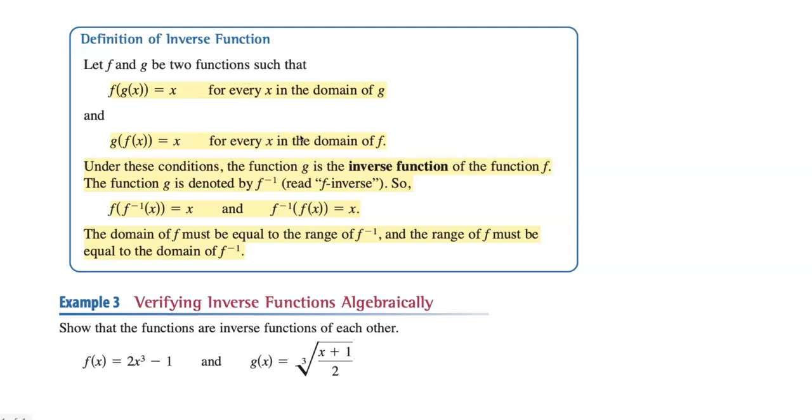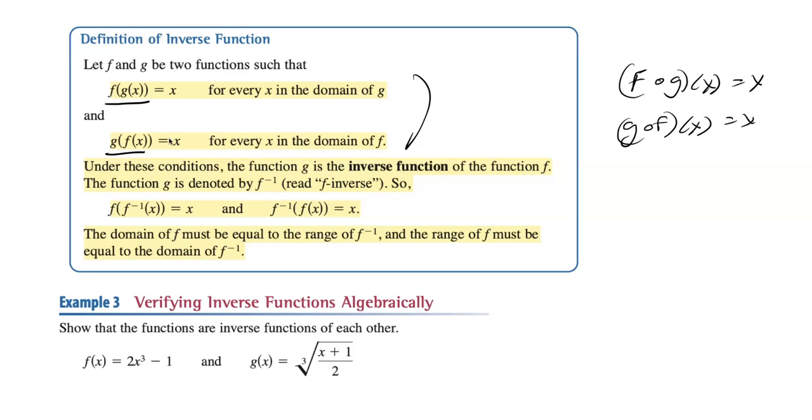Next, how can I tell if two functions are inverses of each other? We kind of talked about this last video, but when you do a composition of functions and they cancel each other out and you just get x for every value, those two things are inverses of each other. So a very important result: if you do a composition of functions, f of g of x, and you get x, and it happens the same way when we do the opposite way around, then those two things are inverses of each other.